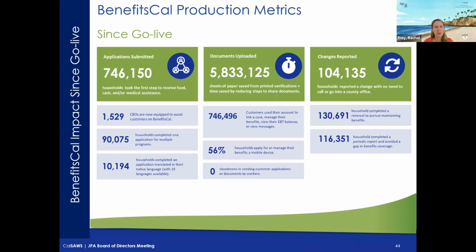I know previously there was a question in earlier sessions about whether we could break out the numbers in this slide by Get Cal Fresh, customers, and community-based organizations. We have committed to doing that in subsequent months. So next month, we will provide that information going forward.